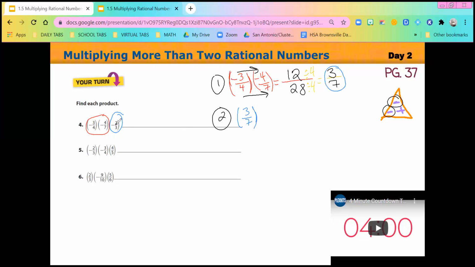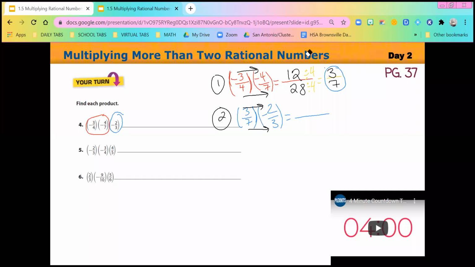And I'm going to multiply it by that third product, -2/3. Awesome. And like we've been saying, right, multiplying fractions, numerator times that numerator, denominator times denominator. And now we have 3 times -2. So if we go back and we look at this guy, let me erase and I'll rewrite it.